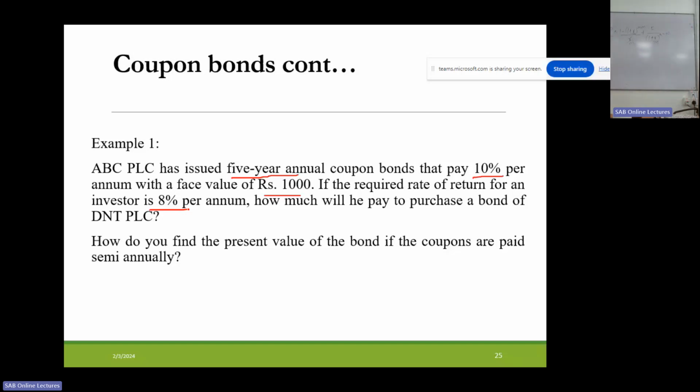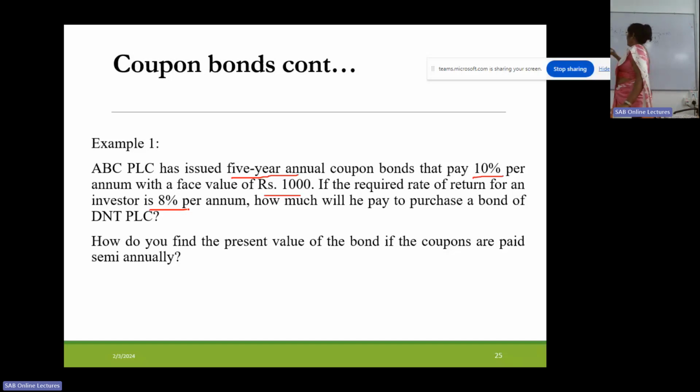In the marketplace, is this bond attractive or not? The investor's required rate of return is 8%.